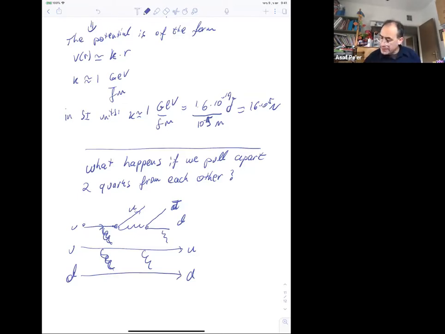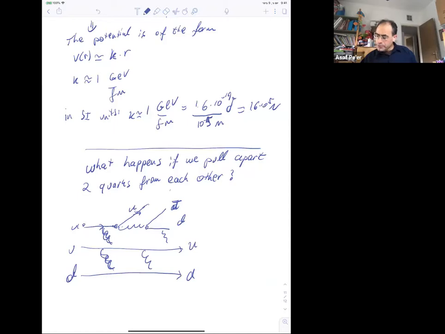So what really happens in this case, remember we had a knockdown of this up quark with, let's say, an electron, and it's being kicked off, and then it produced a pair of a quark antiquark, and then one of these quarks will be attached to the quark, and another one will be attached to the rest of the quarks, the original quarks.